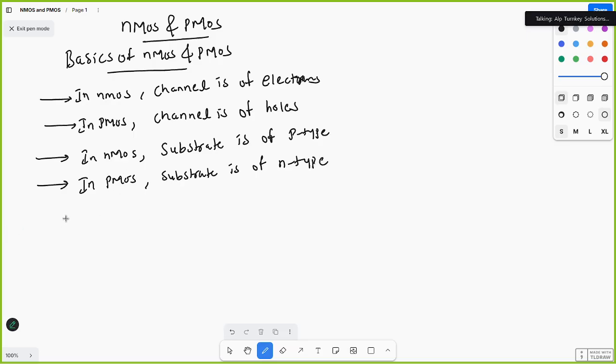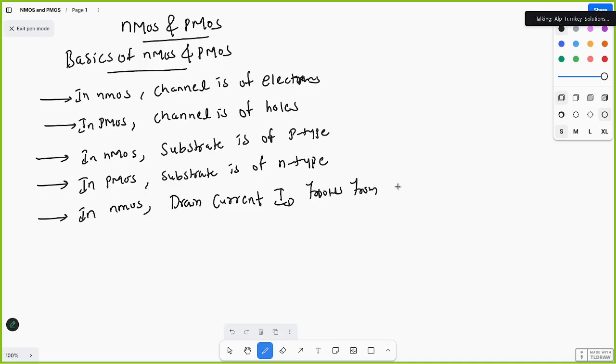And in NMOS, the drain current ID flows from where to where? The electrons will flow from source to drain.